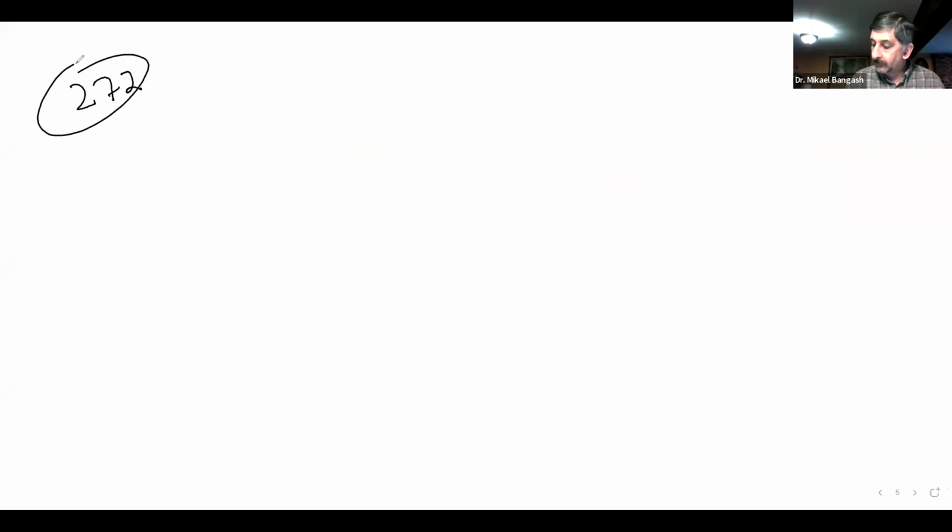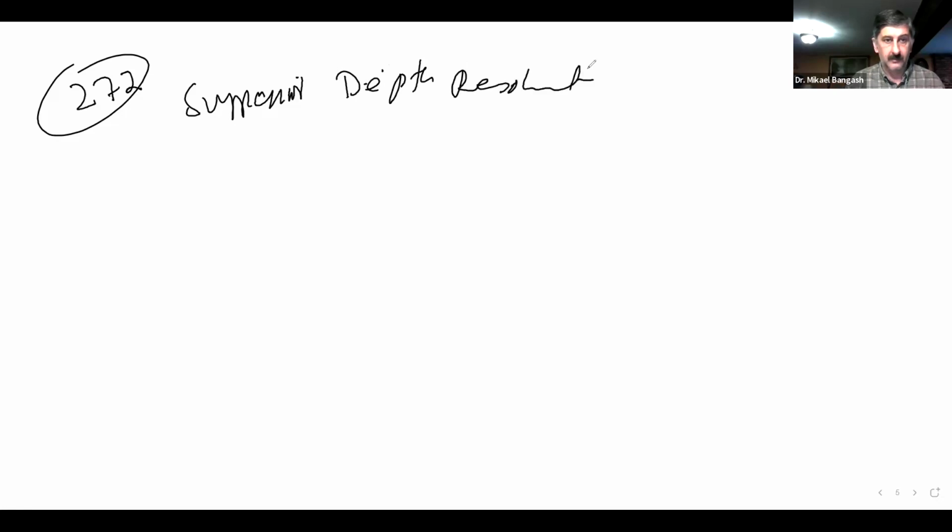272. Now, a sonographer is performing a study on a patient and desires superior depth resolution. So he or she wants a superior depth resolution.